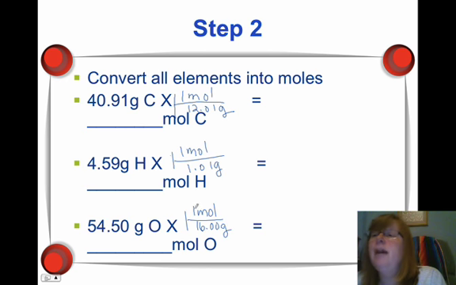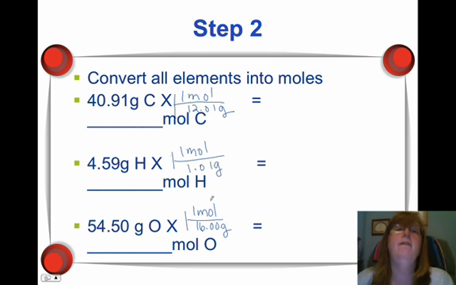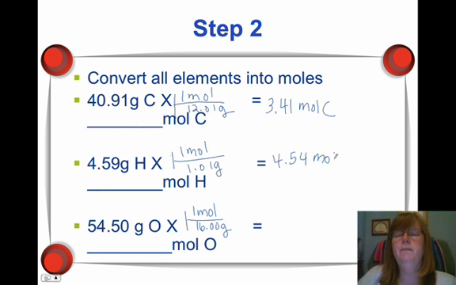So when we do that, we've converted all of our grams into moles. We are going to get 3.41 moles of carbon. For hydrogen, we are going to have 4.54 moles of hydrogen. And for our oxygen, we're going to have 3.41 moles of oxygen.